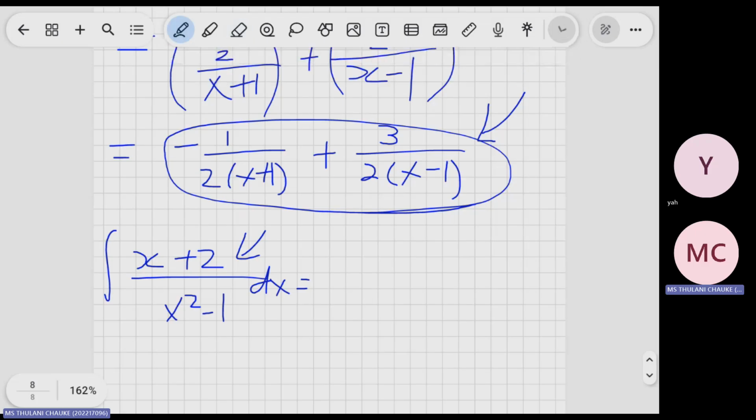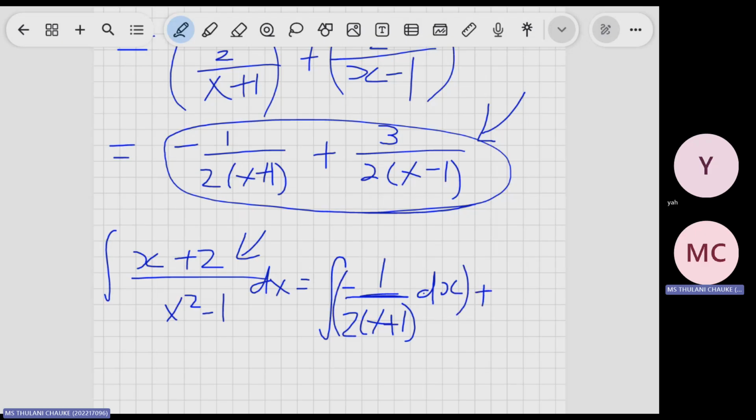By change, 1 over 2(x+1), then we'll just say dx plus 3 over 2(x−1) dx. We'll just distribute the integral sign here and also there.